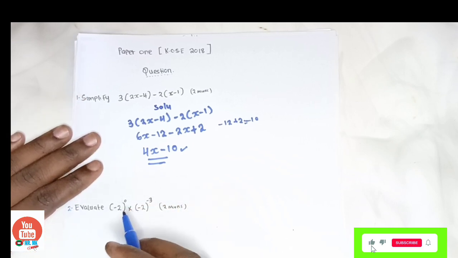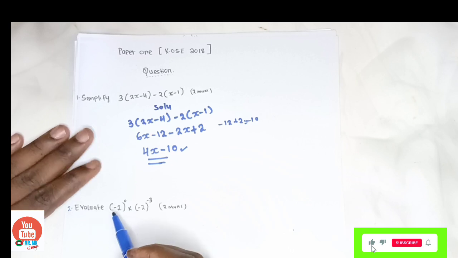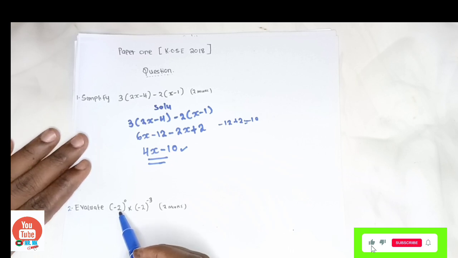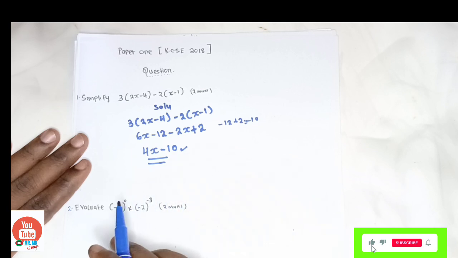Remember the law of indices, which says that any number that is raised to 0 is always 1. Even 1,000 raised to 0, the answer is always 1.